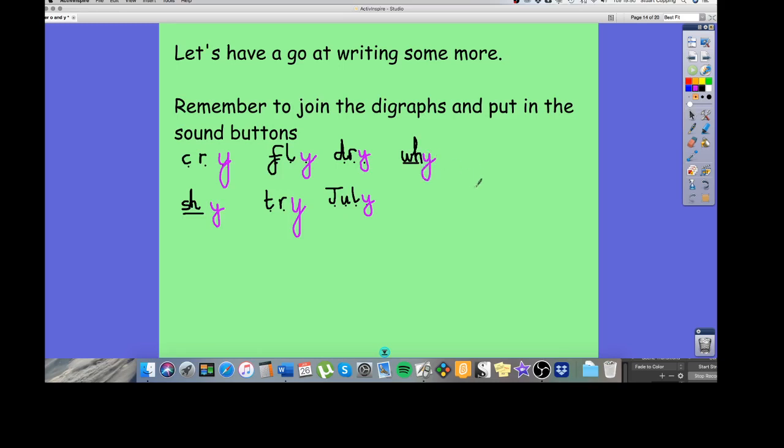Okay, final word before I get you to do the little activity that's in your pack for this week, and it is sky. I look up at the sky, and we're back to sound buttons again. Sky. Think about what the K is. Okay. Pause now if you haven't already done so, and then we're going to do the word.